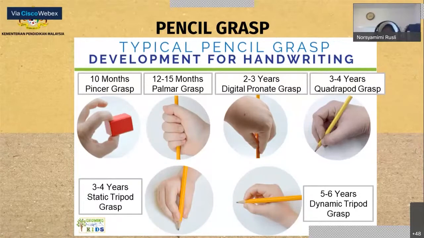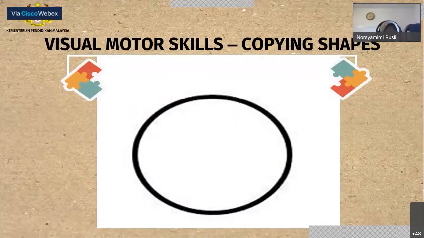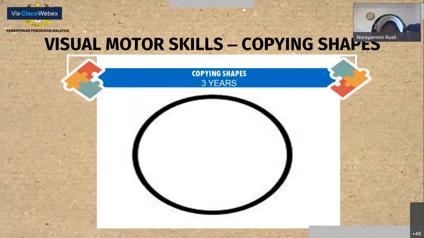Okay, so these are activities to identify visual motor skills. Copying shapes. For a 3 year old child, it is expected they will be able to draw a circle.